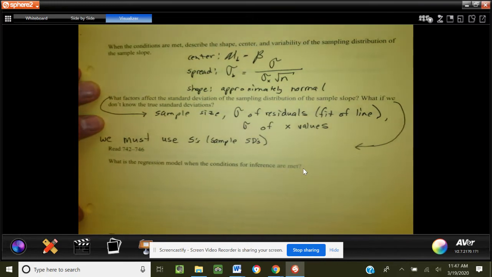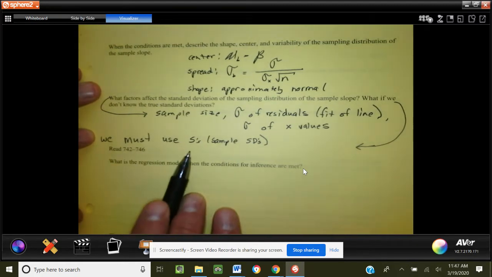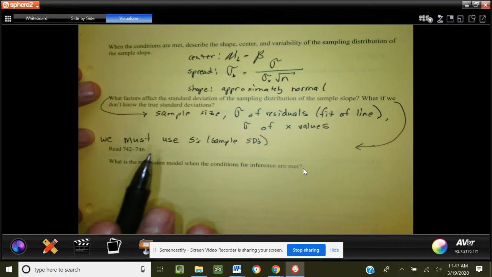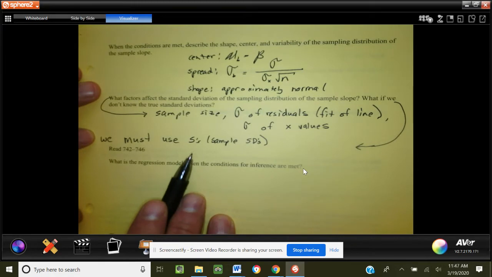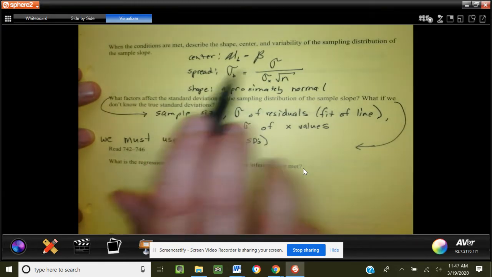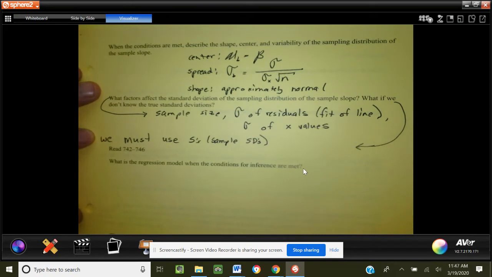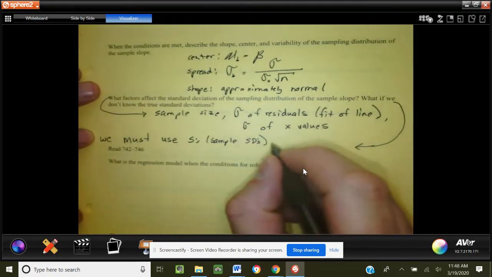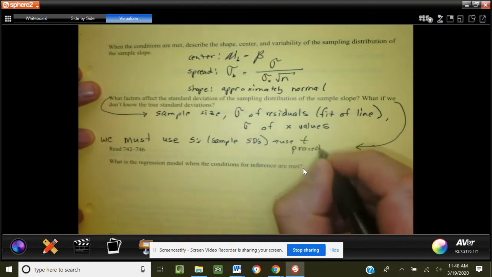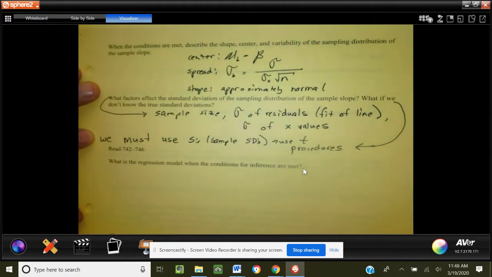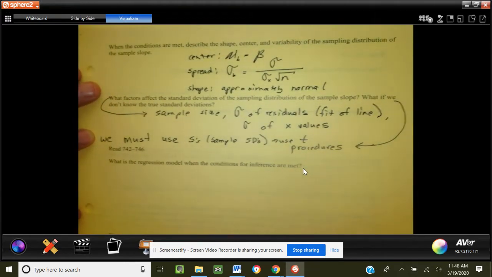And if you remember back to t distributions in chapters 7, 8, and 9, because we're using a sample standard deviation instead of the true standard deviation, sample standard deviations are always going to be a little bit less, or maybe quite a bit less, than the population standard deviations. And so we need to account for that when we do our inference procedures. So we are going to use t procedures, which do account for that. All right, so that's where we're going there.